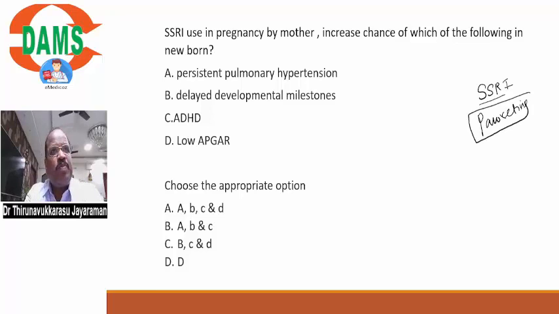One of the most important problems they may cause in the newborn baby is persistent pulmonary hypertension. Definitely the risk is there. There's also the possibility of other problems like autism spectrum disorder. Here we can say ADHD, and they may cause respiratory distress.